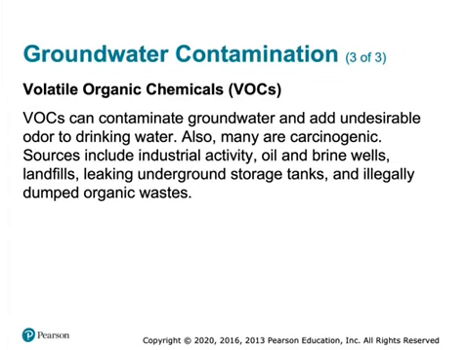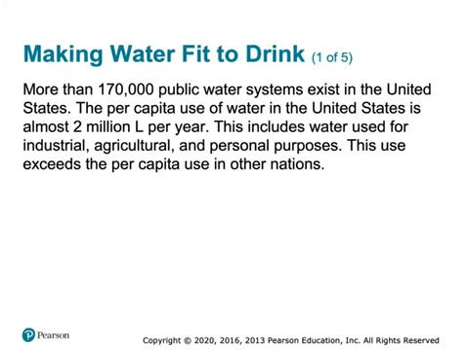This is things like just dumping oil into waterways or into the ground. So this is one way to damage the groundwater. And also, we have lots and lots of public water systems, and we use quite a bit of this. Our use exceeds, we're pretty water fat here, and we use a lot of water in the United States.